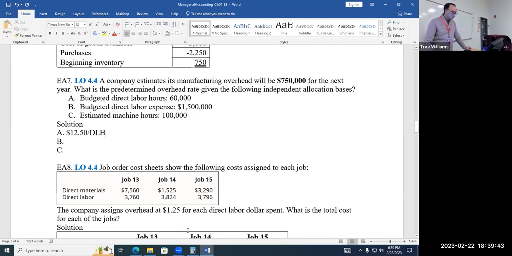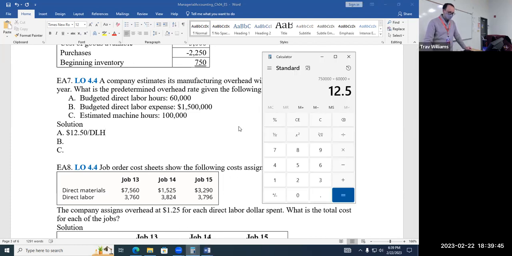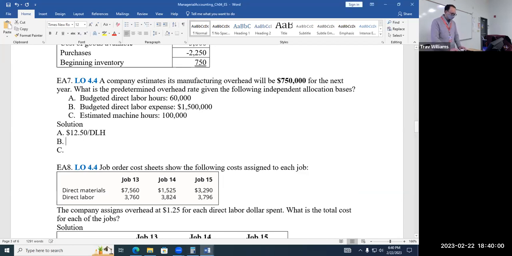We can do the same thing based on labor expense. So if they expect 750,000 in overhead costs, divide that by the expected labor expenses. And we come out with 0.5, so that would be 50 cents per direct labor dollar.